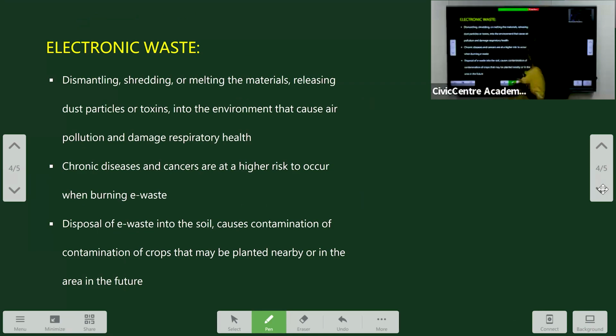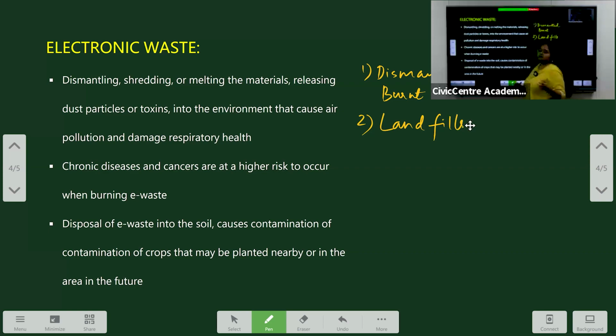It is either dismantled and shredded and then burned in the open without disposing of it properly, or it is disposed of and reaches the landfills. The dismantled and shredded material enters the environment, and when it is burnt in open air, it releases toxic chemicals like lead.